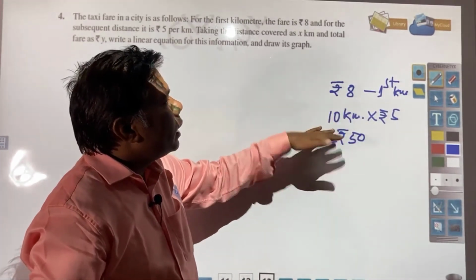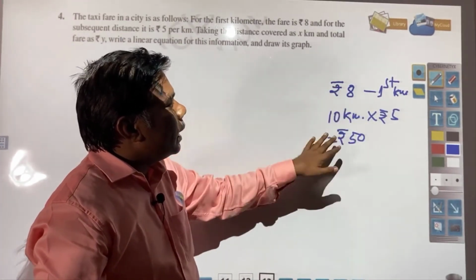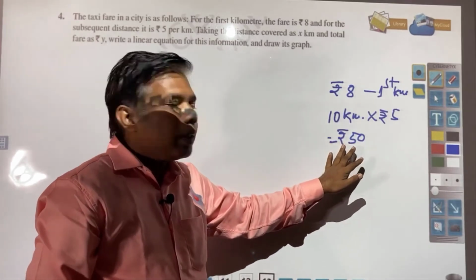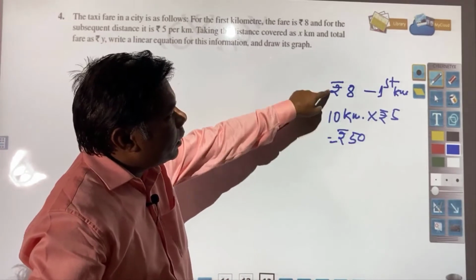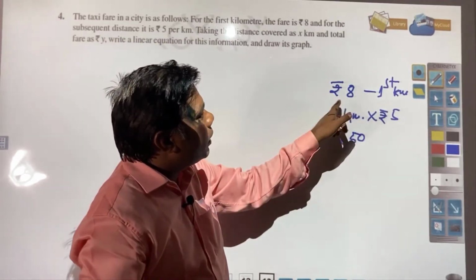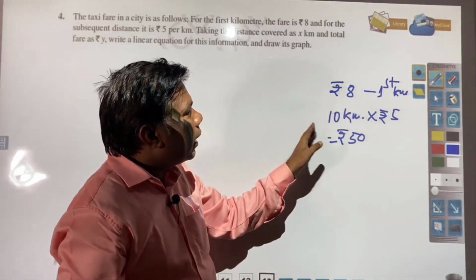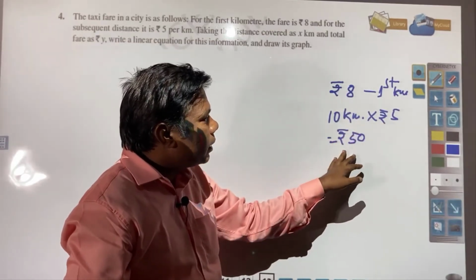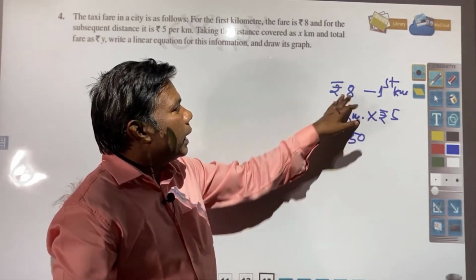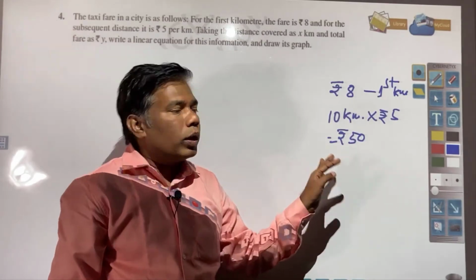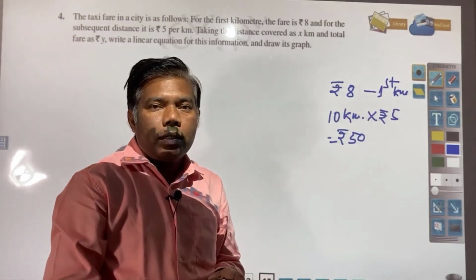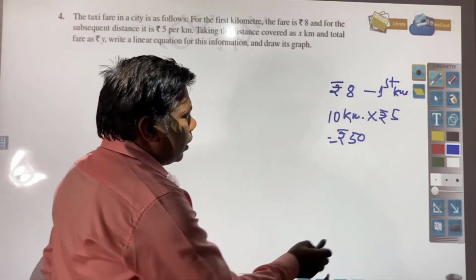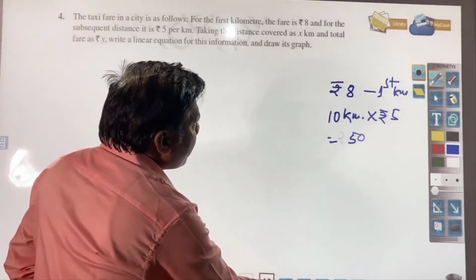But here you see, you have traveled 11 kilometer altogether, because first kilometer 8 rupees and another 10 kilometer at 5 rupees means 50 rupees. 50 plus 8 is equal to 58 rupees total. But suppose you are traveling total 10 kilometer.